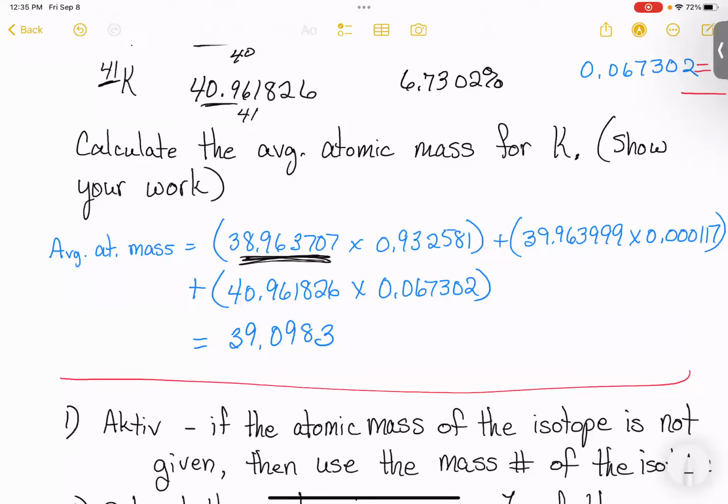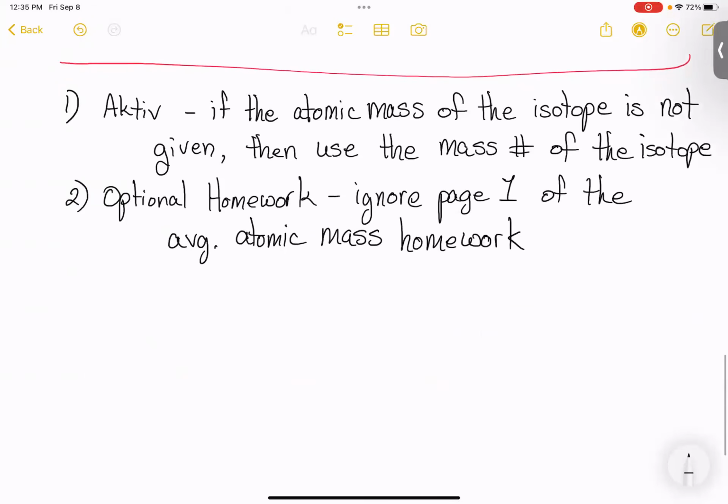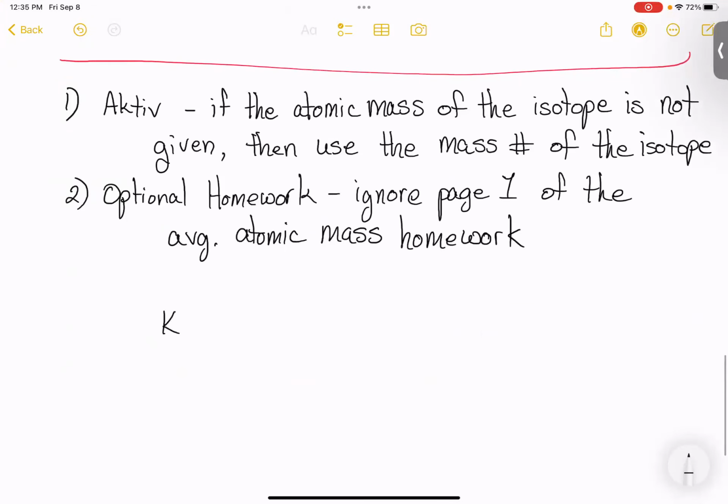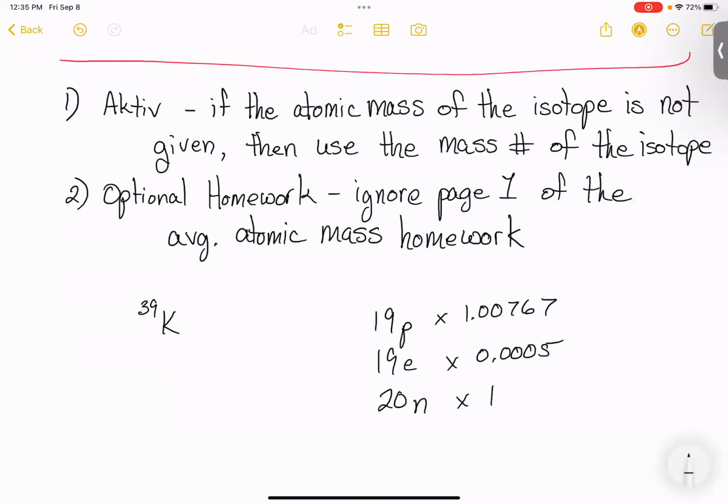Those values come into existence because if we think of K39, potassium is element 19. That means it has 19 protons at 1.00767, it has 19 electrons at 0.0005, and it has 20 neutrons at 1.00867.